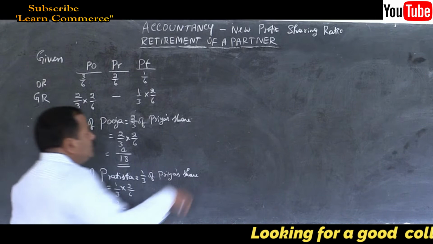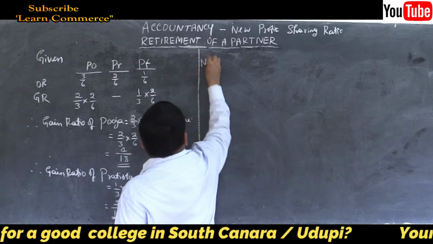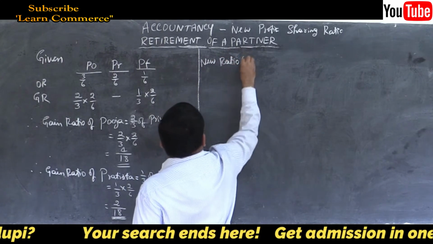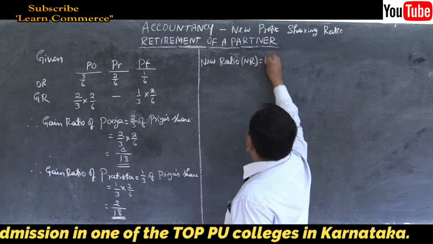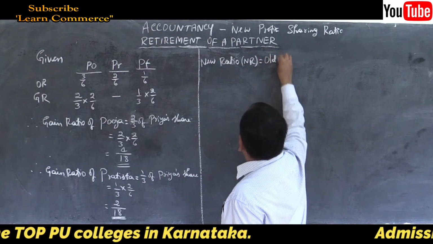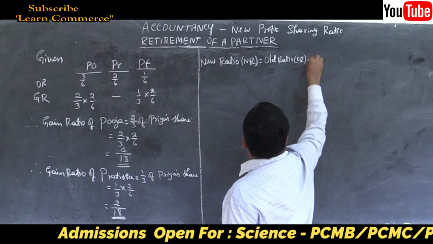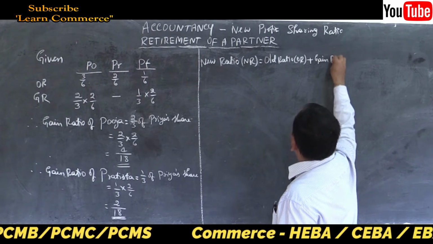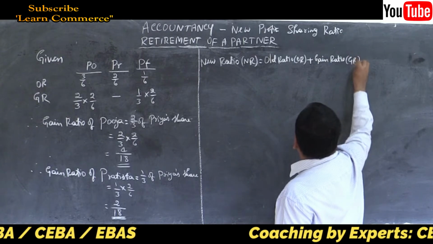Now new ratio, NR, is equal to OR, old ratio, plus GR, gain ratio. Correct.